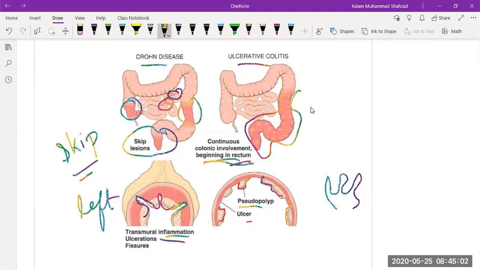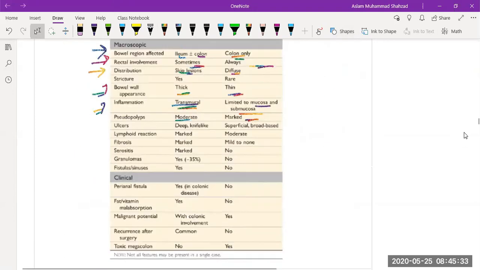It can go deep into the transmural and other sections of the tissues. You can see this dark red structure showing different sections of the tissues, and it can penetrate deep to the other mural surfaces, whereas ulcerative colitis is restricted only to mucosa and submucosa.